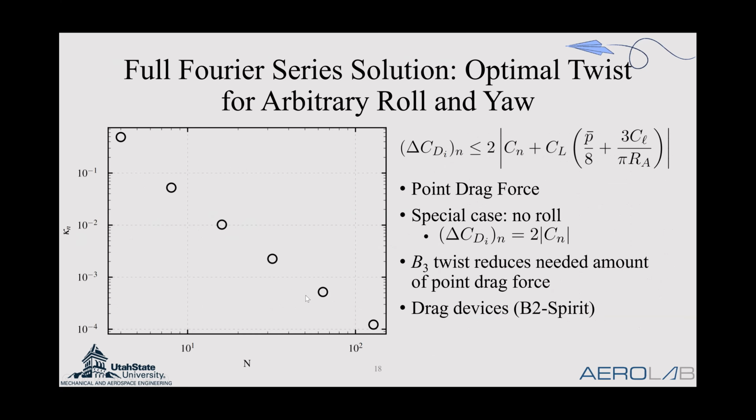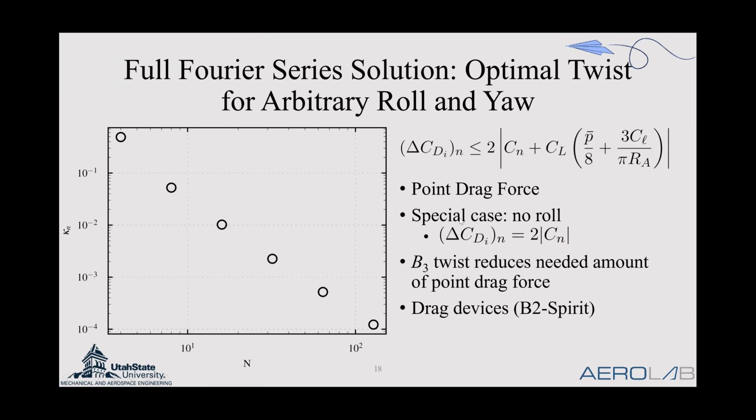Not to spend too much time on this, but if you want to generate a yawing moment without any rolling moment, so for the special case of no roll, the minimum amount of increase in induced drag caused by the yawing moment is equal to twice the magnitude of the yawing moment. And I was able to verify that numerically. And as I refined my estimate, as I retained more coefficients from the infinite Fourier sine series, my prediction approached this assumption exponentially.